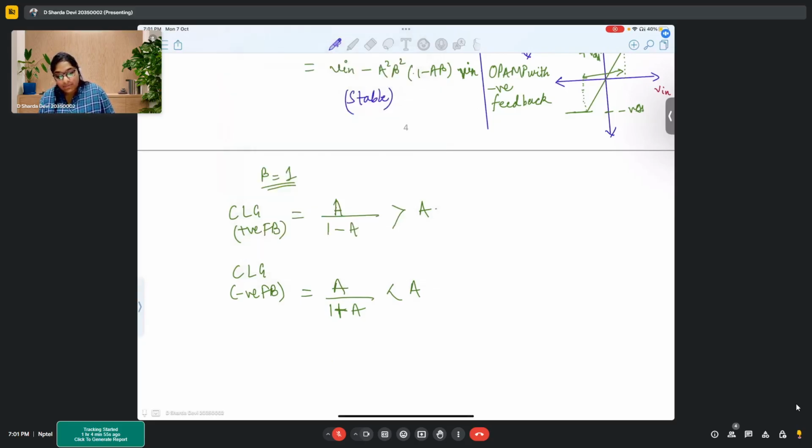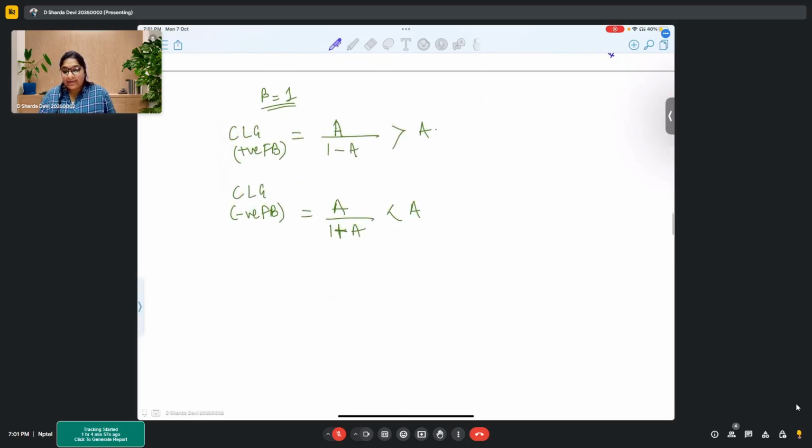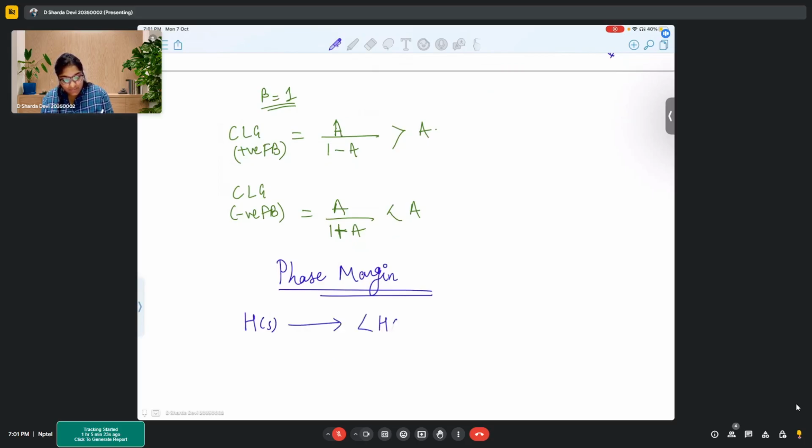Now, theoretically speaking, how do we define whether our system, whatever circuit we have, is stable or not? For that, we perform a phase margin analysis. We all know the phase, right? When you have a transfer function, you can find the phase of that transfer function. How do we find the phase?